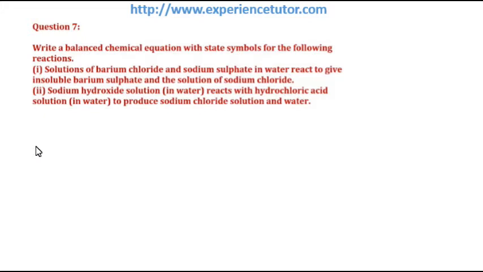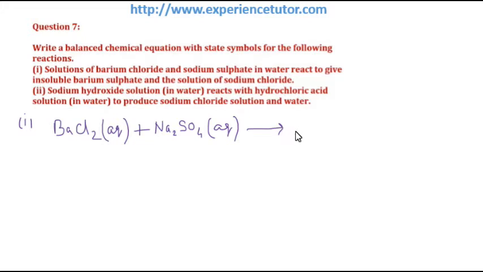So first one we can write it as barium chloride, BaCl2, which is aqueous, plus sodium sulfate, Na2SO4, this is also aqueous, gives BaSO4, which is again solid, and sodium chloride, which is aqueous.